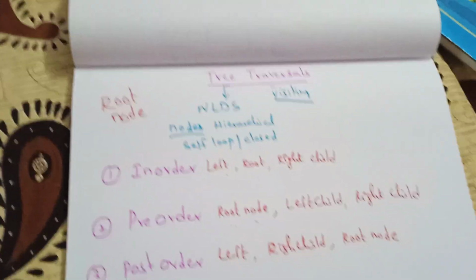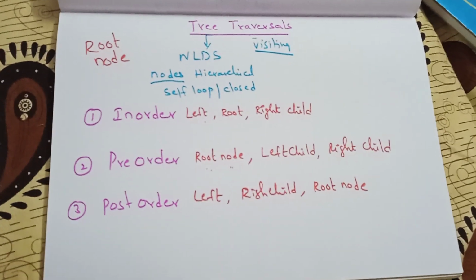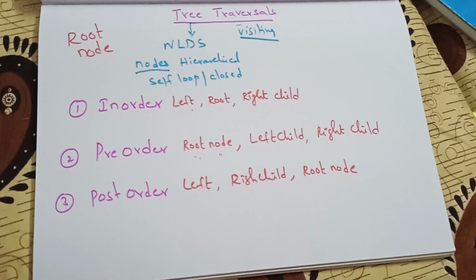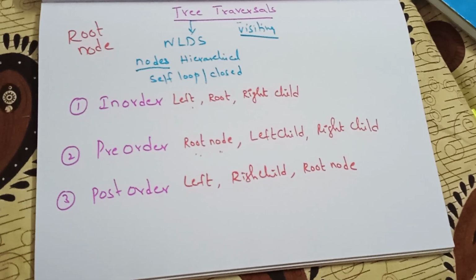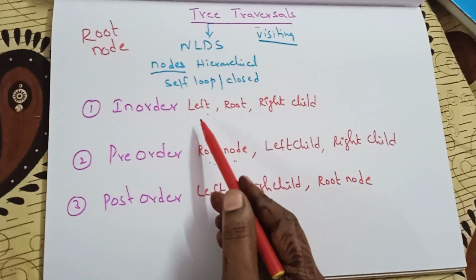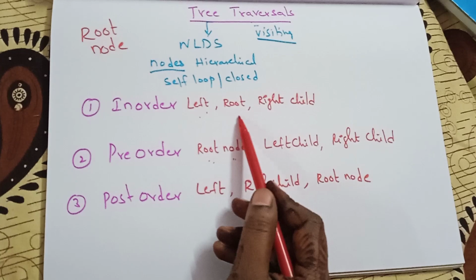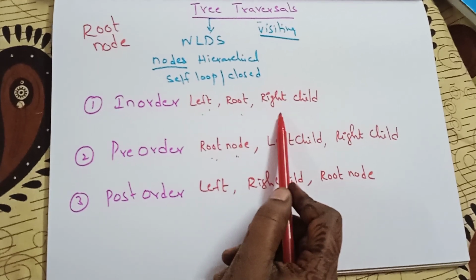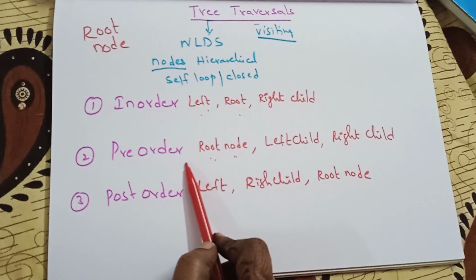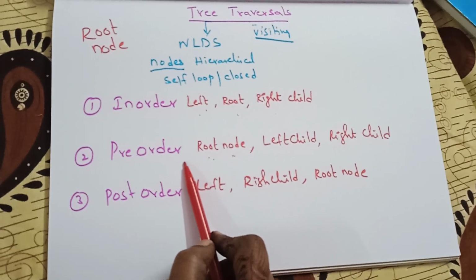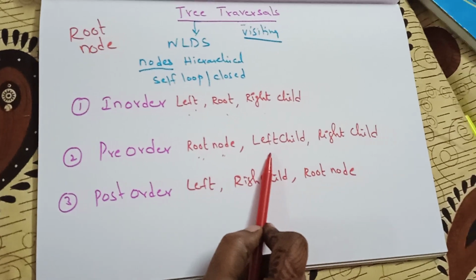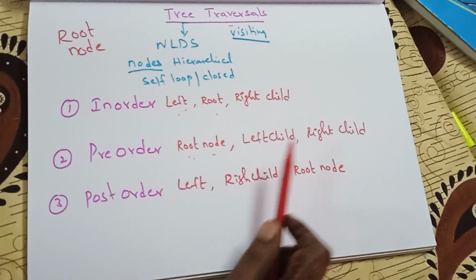Once have a look. What is in-order? In-order means visiting of the nodes in a particular order. The order is, we'll visit first the left node, then the root node, then the right node. Pre-order means first we'll visit the root node, then the left node, and then the right node.